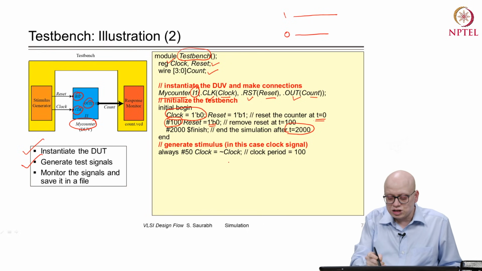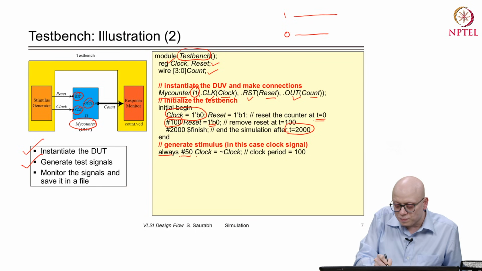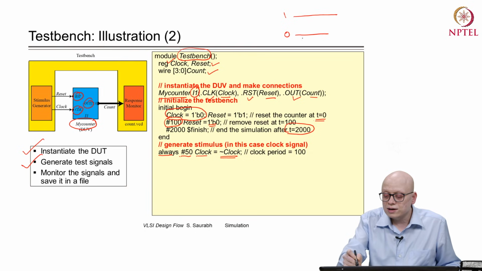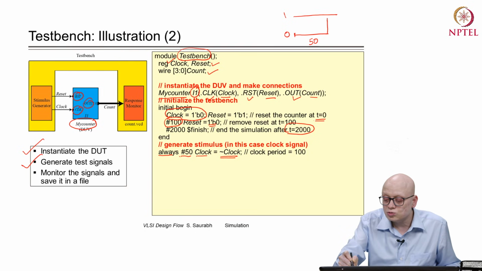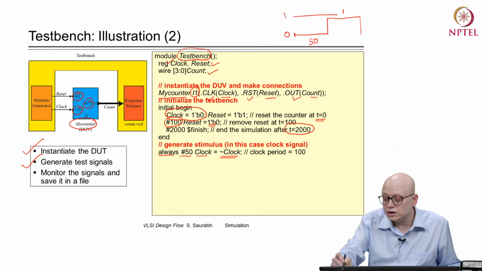So, we generate the stimulus, in this case the clock signal, by a statement always #50 clock = ~clock, where #50 means a delay of 50 time units. Suppose the clock was 0 at time 0, then after 50 time units it will change to not clock, meaning it becomes 1. And then after 50 time units again it will go down and become 0.